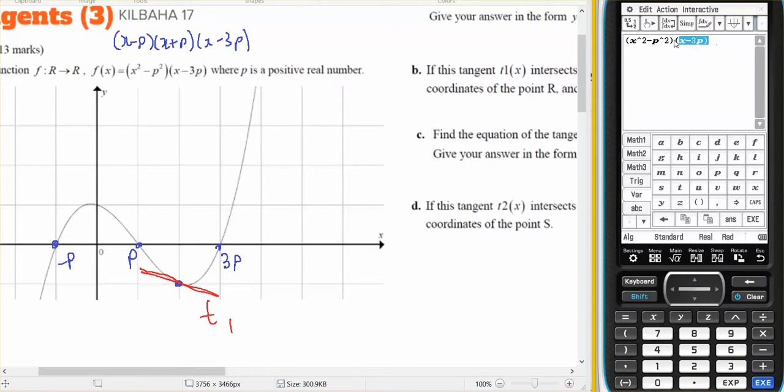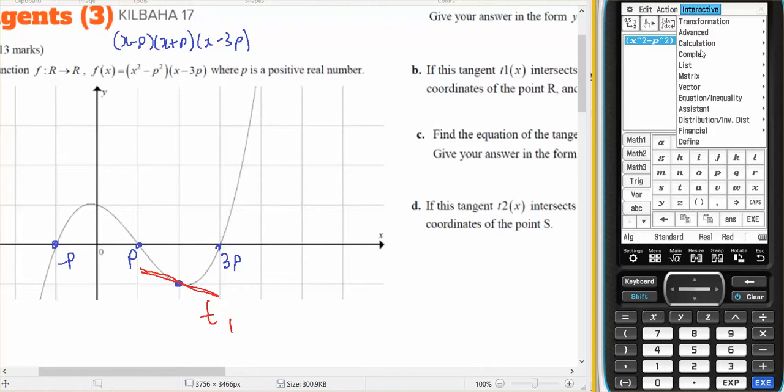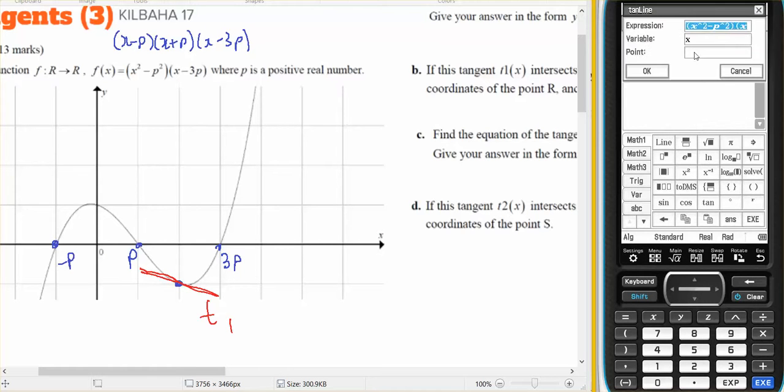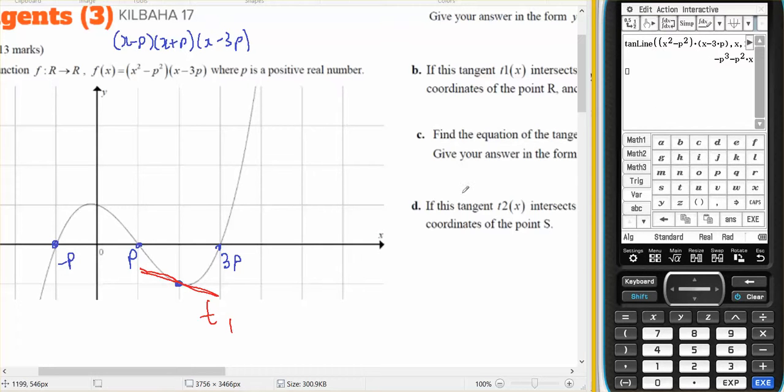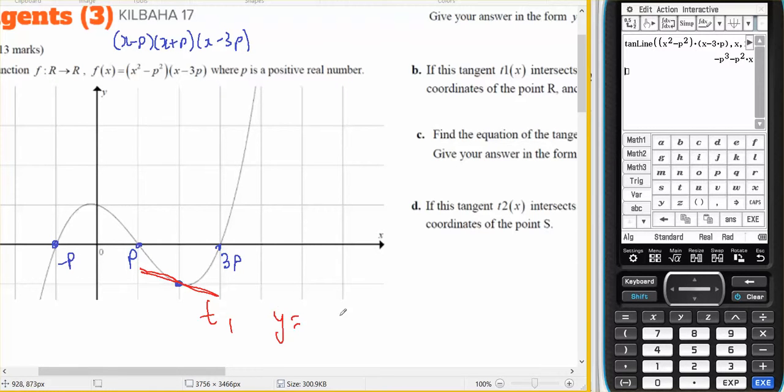Okay, so I'm over here, I select it, interactive, calculation, line, tan line at 2p. And that gives me an equation, and that equation is y equals minus p squared x minus p cubed.